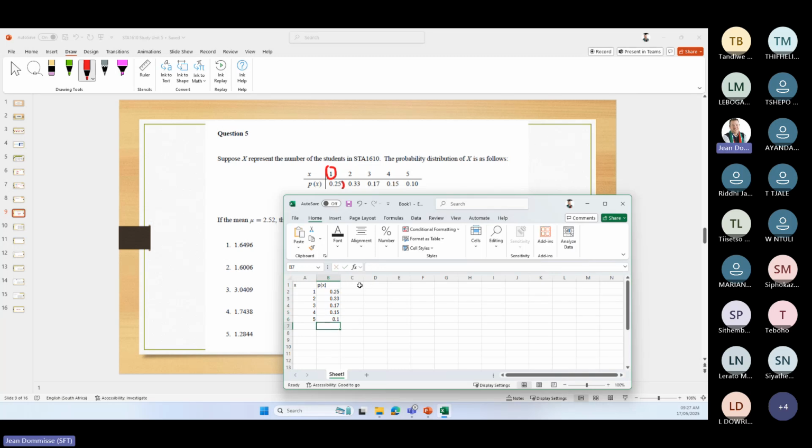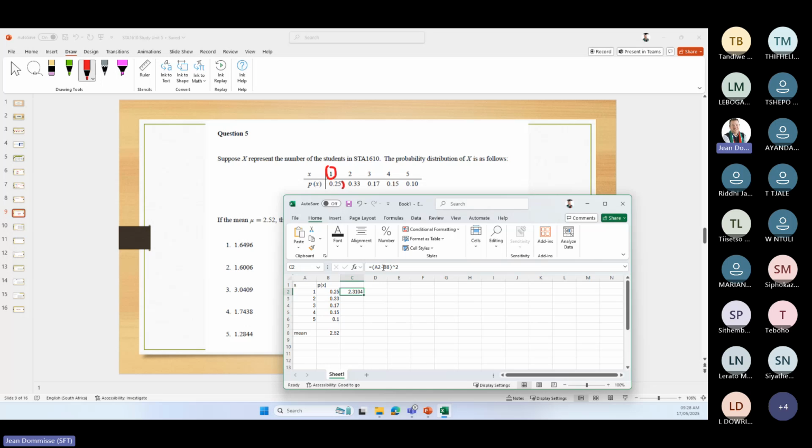Okay, so we said first we're gonna take that 1. I must add the mean, so we're gonna add the mean there. That is to the power of 2. So let's just add the mean. And I will share this with you guys in any case so that you can use it.